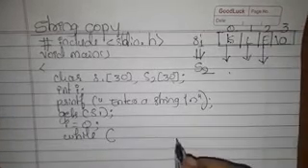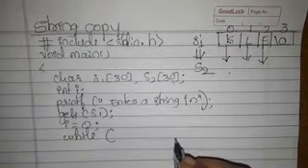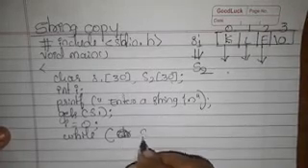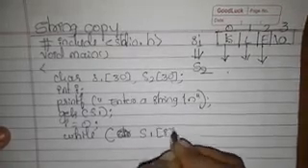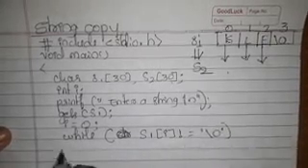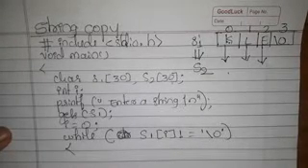Next, how long I need to take the character of a string 1 to string 2 till it reaches the null character. So that is, I'm extremely sorry, S1 of I is not equal to null.